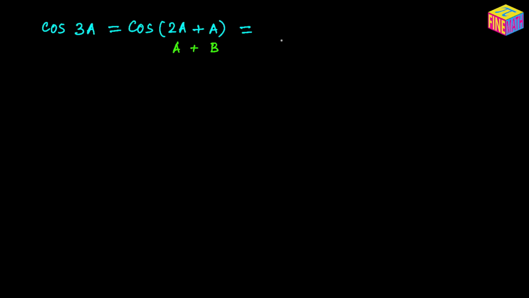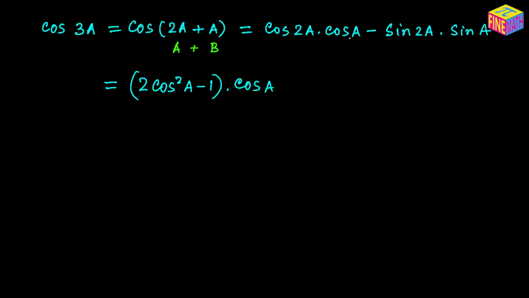We know cosine of a plus b is actually cosine of a times cosine of b minus sine of a times sine of b. And then again let's expand the value of cosine of 2 times of a, which can be written as 2 times cosine square of a minus 1 times cosine of a. This cosine of a is right here, and then this cosine of 2 times of a, that is converted into this.